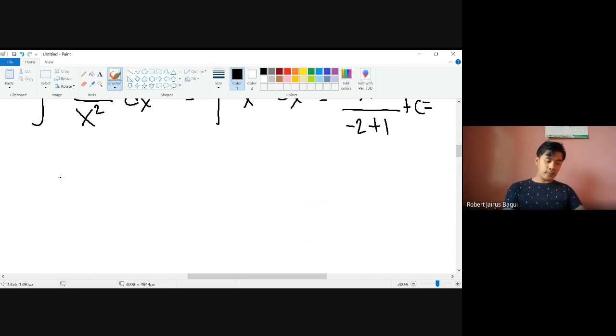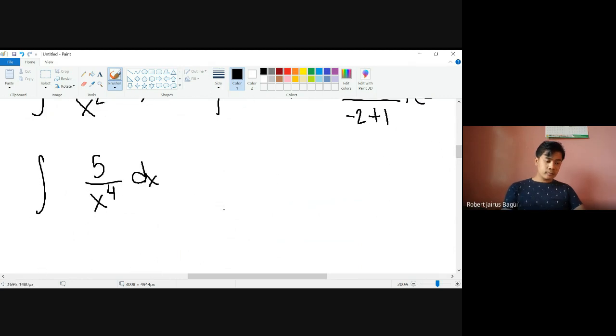One more example. So let's say naman meron tayong constant, integral ni 5 over x to 4 dx. Ngayon, meron dito na 5 x over 4. So ano bang gagawin dito? So same, kanina kung paano natin nilabas yung constant.